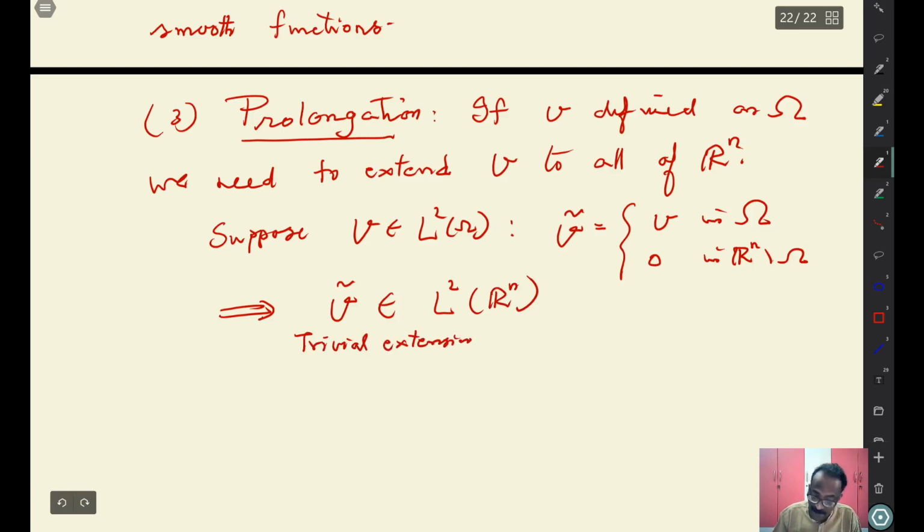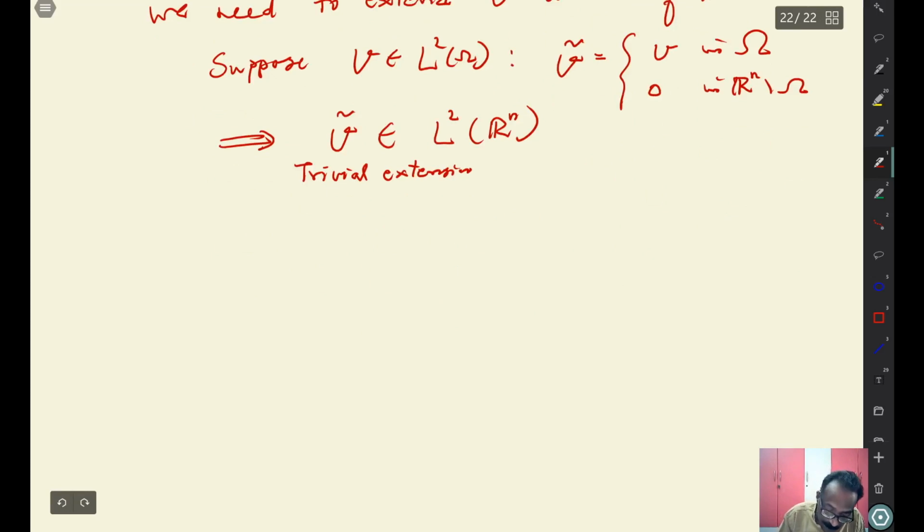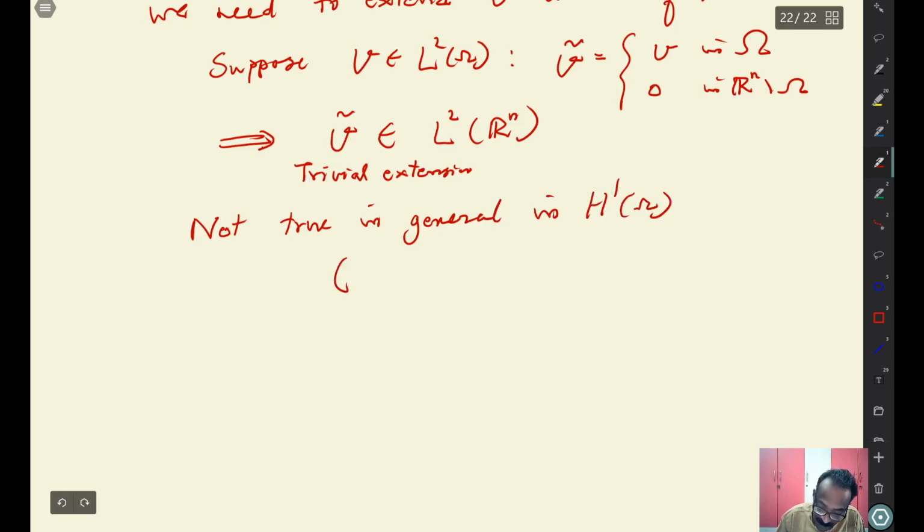The issue is that this is not true in general in H1. If v is in H1 of Ω, that need not imply v tilde is in H1 of Rn.